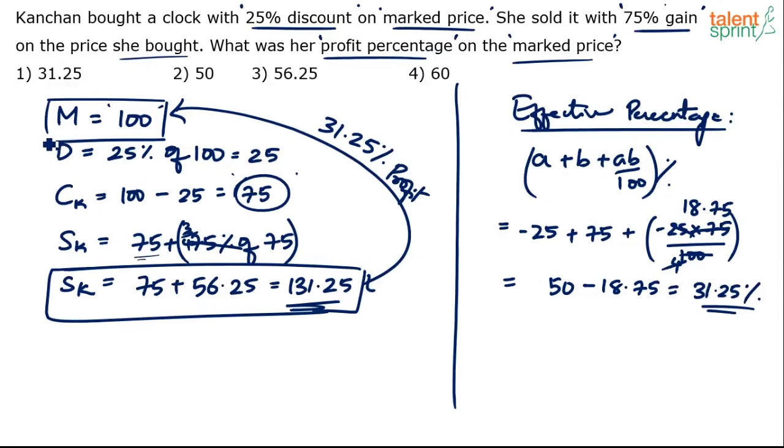With respect to the initial value of 100, if you want to find out the profit, just use the effective percentage of the 2 percentages given to you. There was a discount involved and then there was a profit involved. You can just apply effective percentage to get the answer directly. Anyway, in either case, the answer is option 1, 31.25%. So good. Many of you got 31.25, but those who have marked 50% or 56.25%, check your calculation.